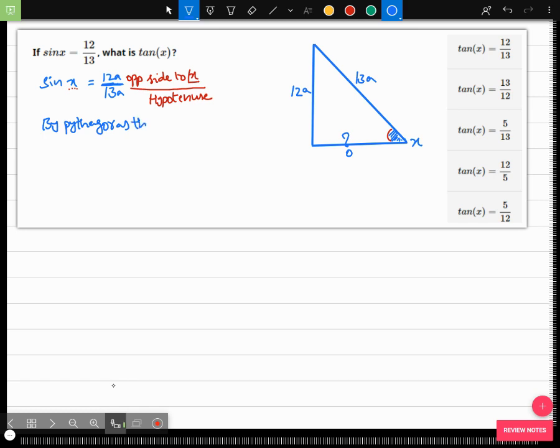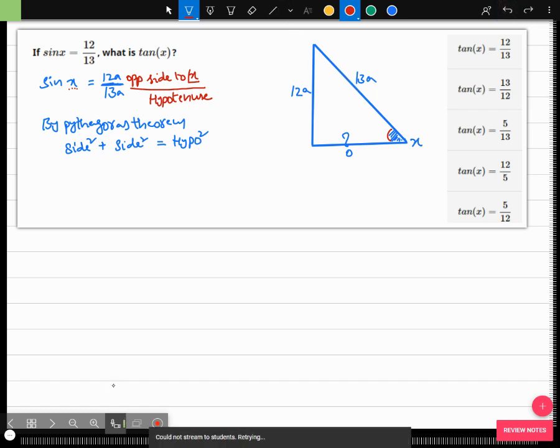Pythagoras theorem is side square plus side square equals hypotenuse square. Please don't be in a hurry. This is the hypotenuse, so this goes here. While plugging in the values, you have to be really careful.